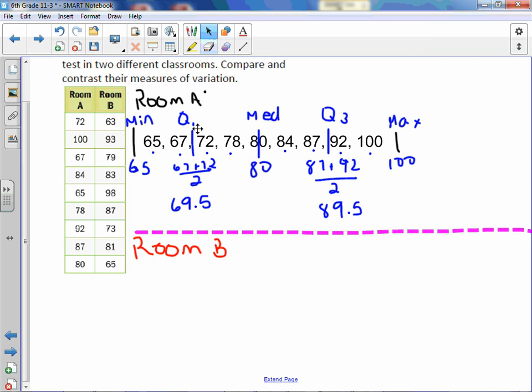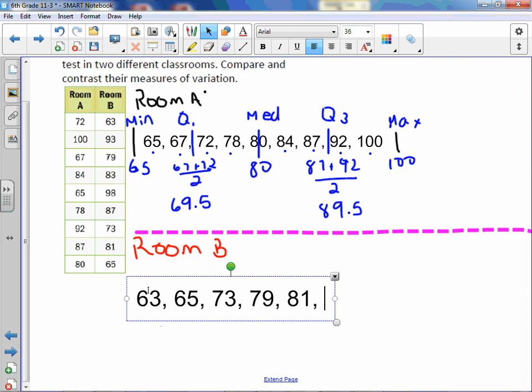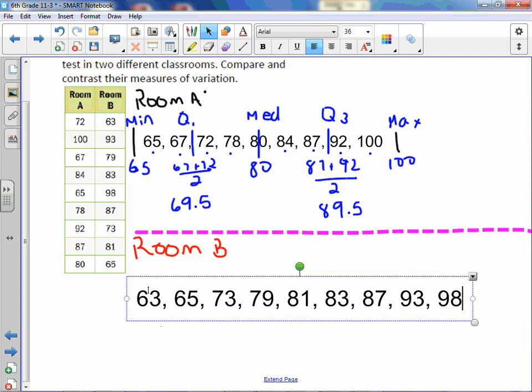And let's list our numbers. From least to greatest, we have 63, 65, 73, 79, 81, 83, 87, 93, 98.